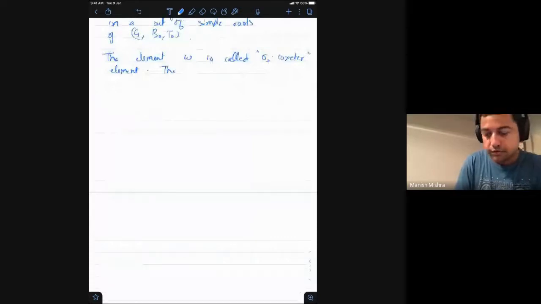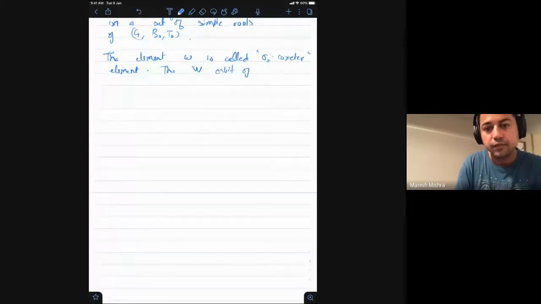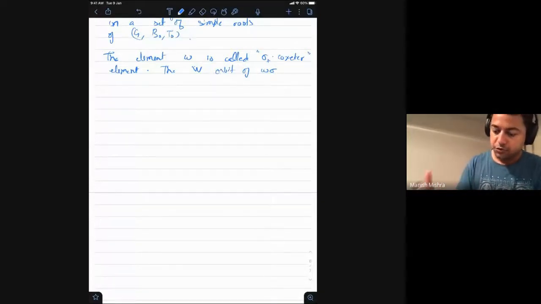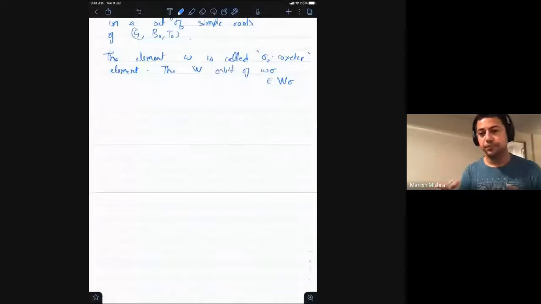You can form this twisted group W sigma, which means W semi-direct with the group generated by sigma.